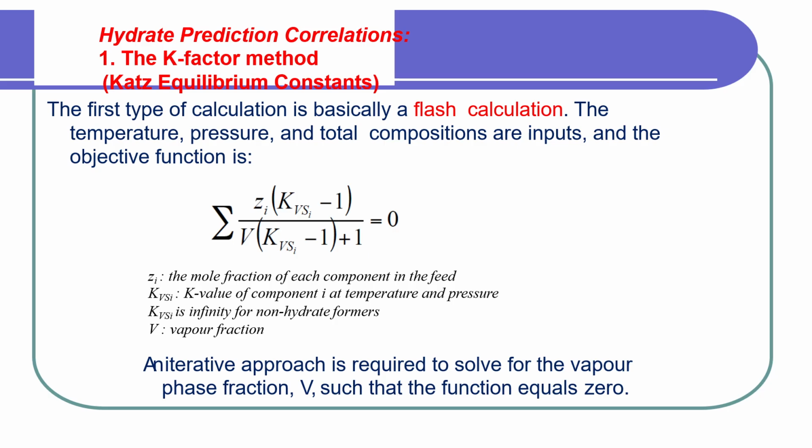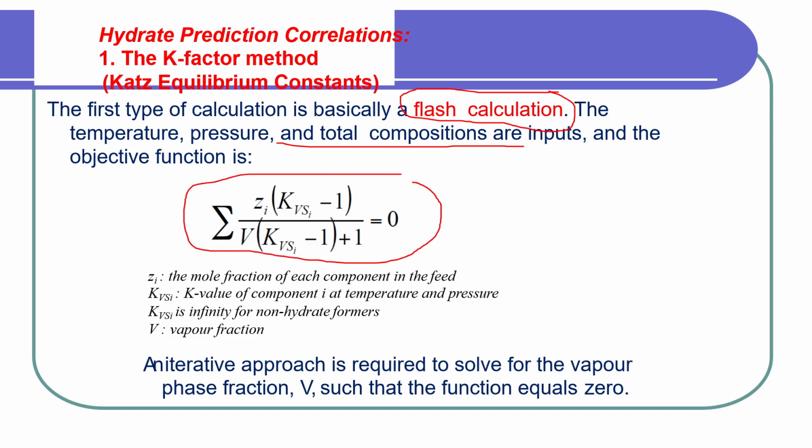So the first step in your calculation is basically what we called before the flash calculation in thermodynamics, where the temperature, pressure, and the composition will be the input that you're going to use, in order to obtain what we call the objective function to be equal to 0 in this case, where Zi stands for the mole fraction of each component in the feed, Ki is the K value or the equilibrium constant for component i, and as we mentioned earlier, for heavy hydrocarbons and nitrogen we take it to be equal to infinity, and V is the vapor fraction.